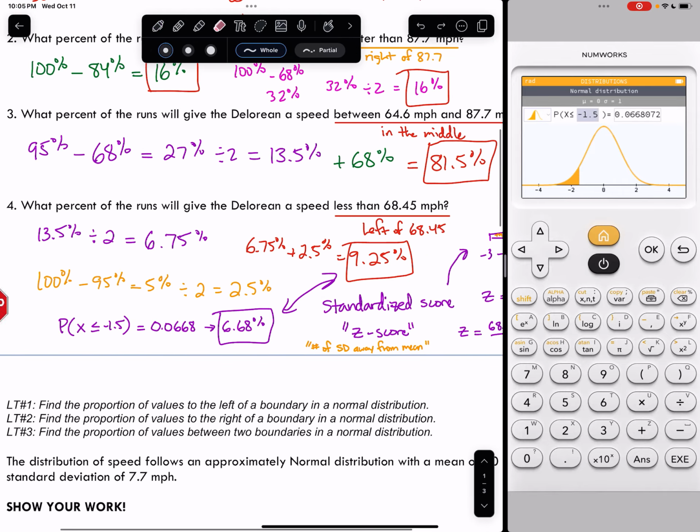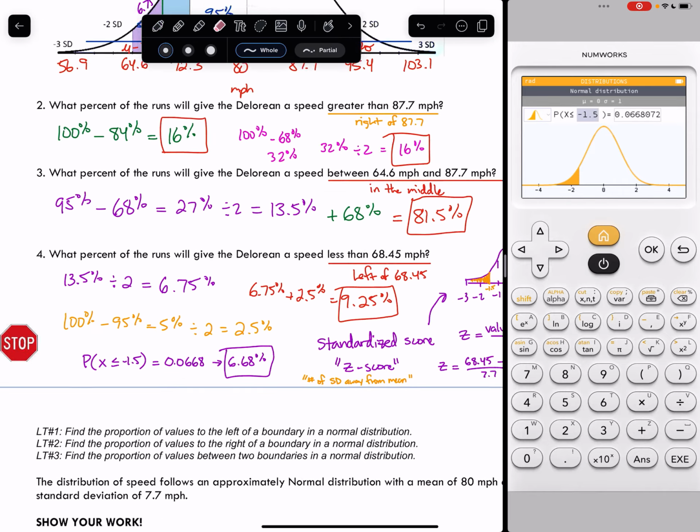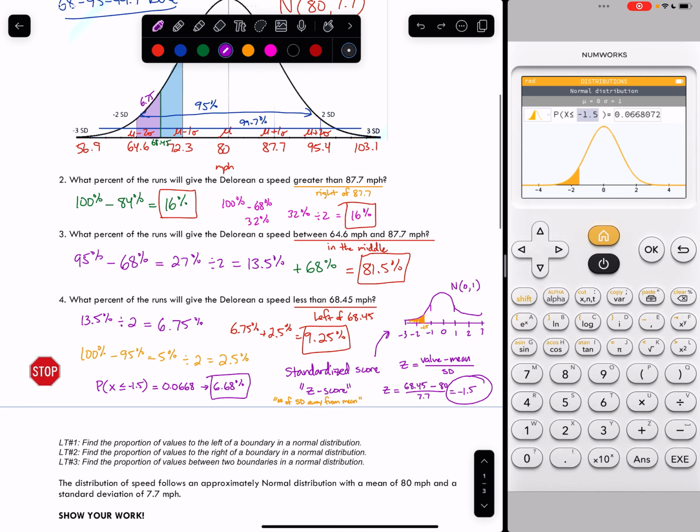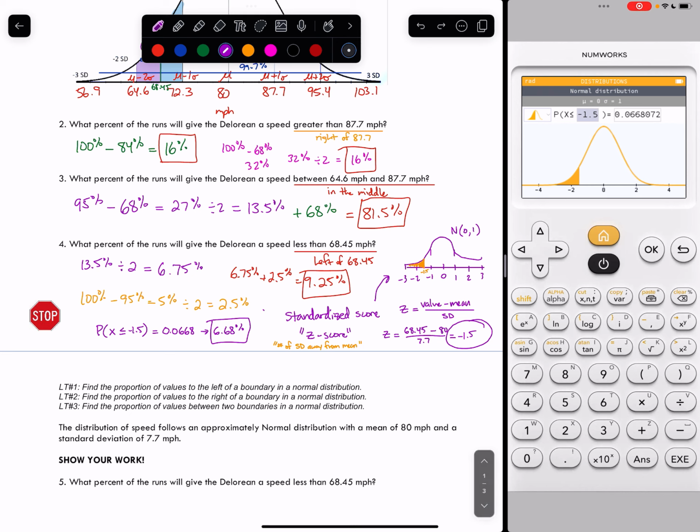And so we can use z-scores to find those percentages for values that aren't specifically 1 standard deviation, 2 standard deviations, 3 standard deviations, -1. When they're not right on those lines, and we can still do it with those lines, but when they're not on the lines, we have a method of actually finding a more accurate answer here.